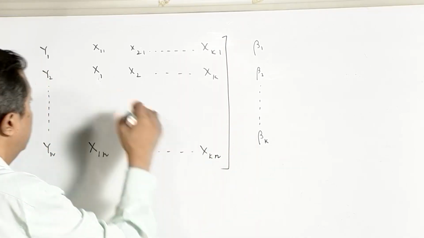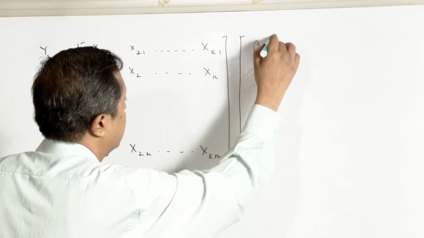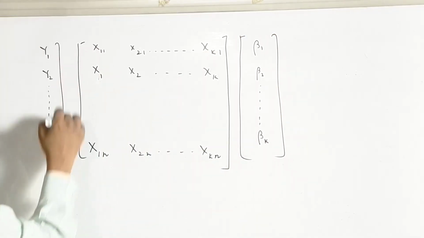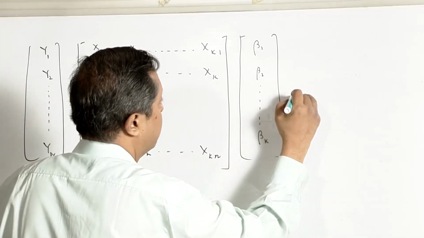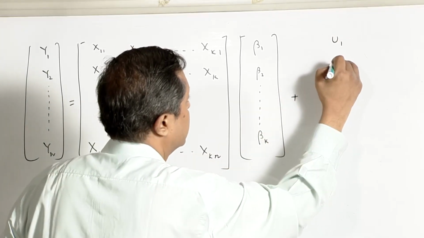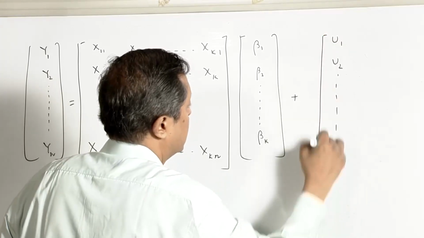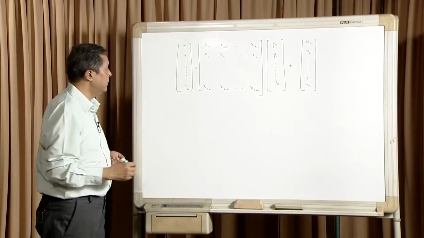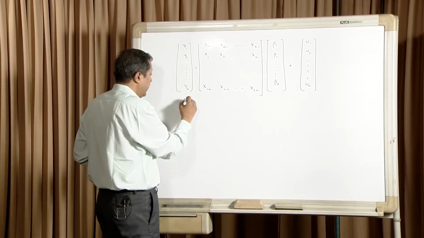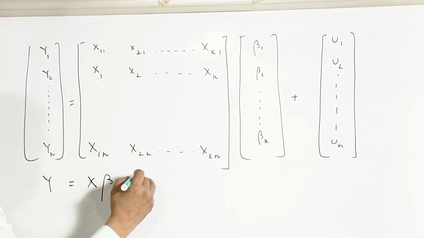So, if we now put in the square brackets showing the matrix, that is basically our k variable model, and plus of course, we have the disturbance terms ui, u1, u2 up to un. So, that is the matrix formulation of the k variable model. Once again, it is written as y is equal to x beta plus u.